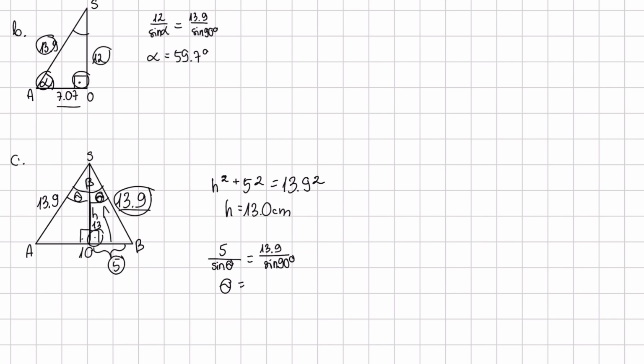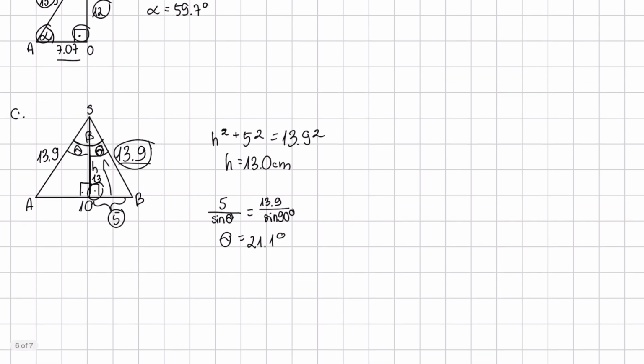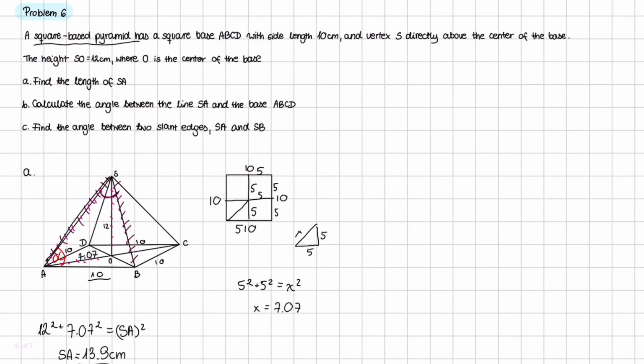So this is 25.1 degrees, and of course we have to add this to the other, so our final answer is 42.2 degrees. And that was the last problem from this right-angled triangle trigonometry.